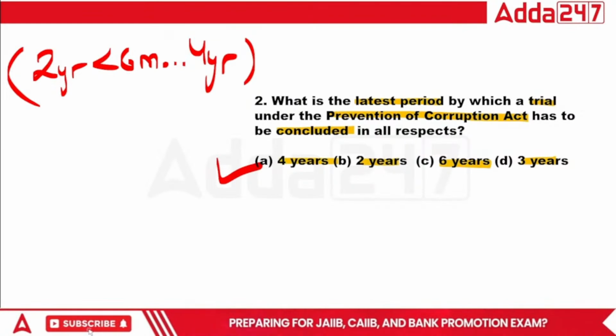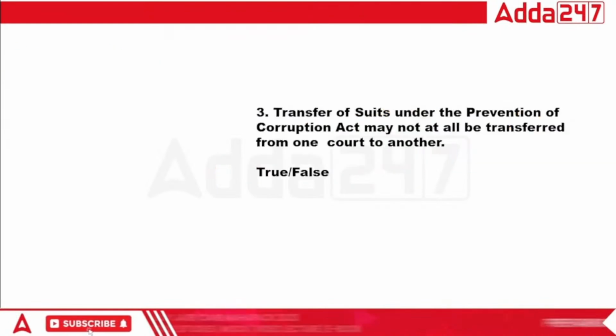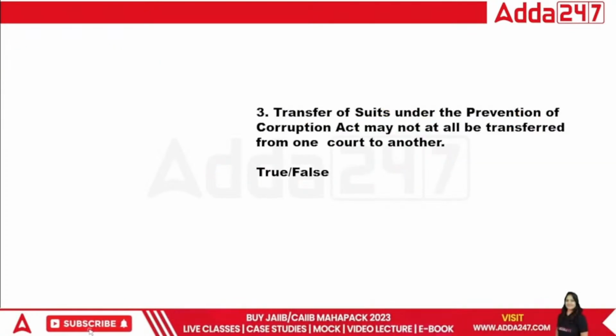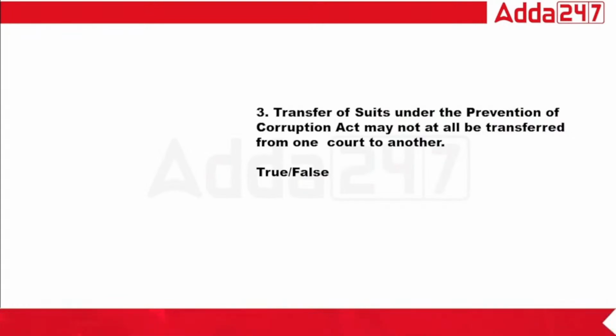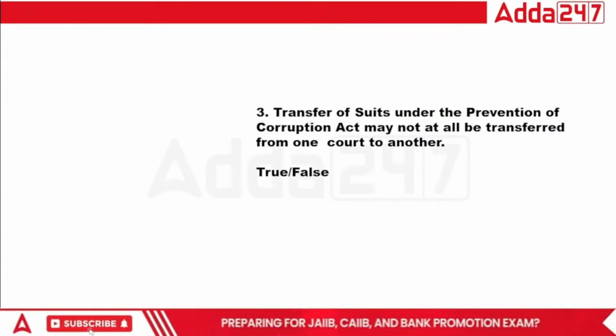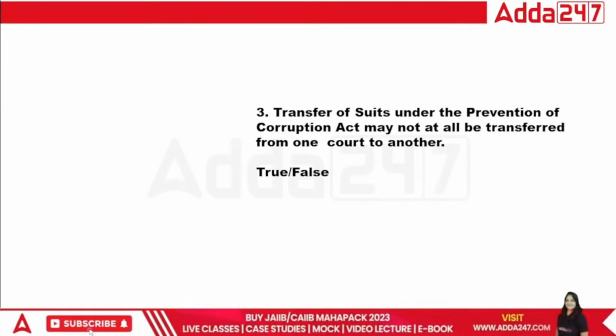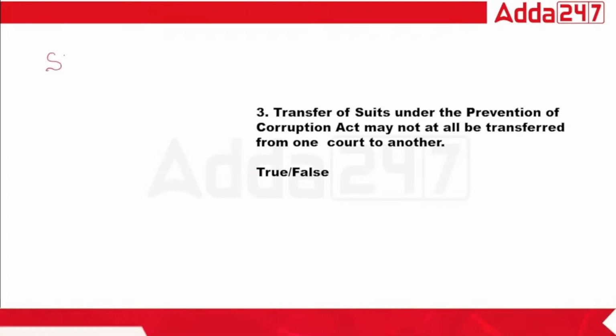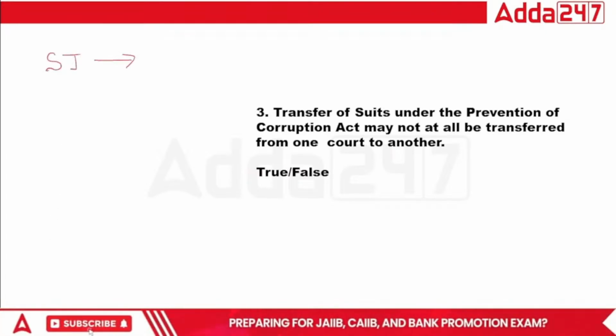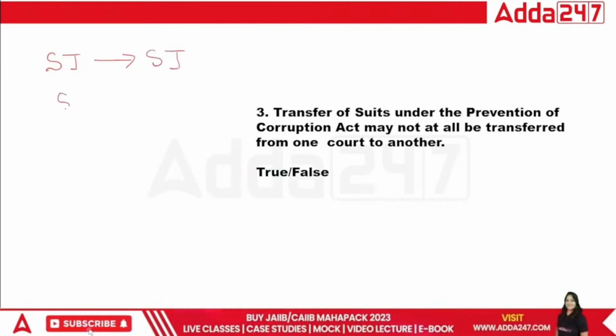Done, guys? Next. Transfer of suit under the Prevention of Corruption Act may not at all be transferred from one court to another. That is true or false? If we talk about the transfer of suit, the special judge can transfer the matter to another special judge, but the special judge cannot transfer it to the High Court.